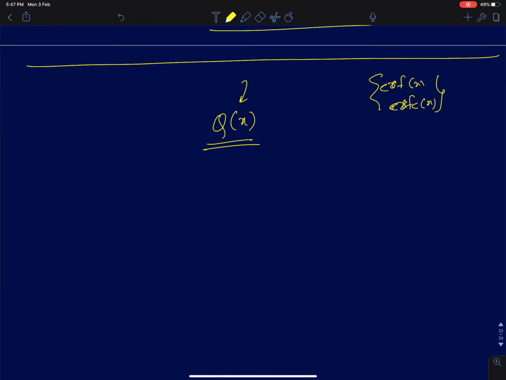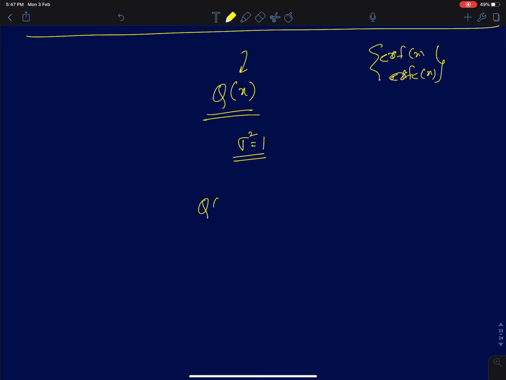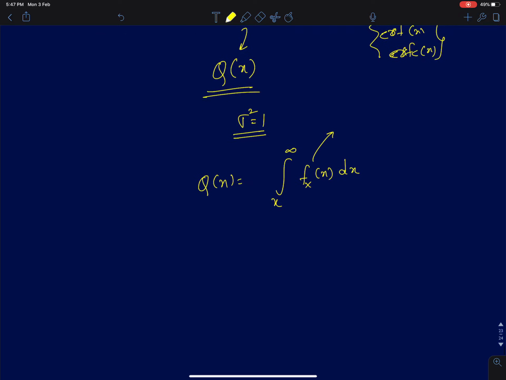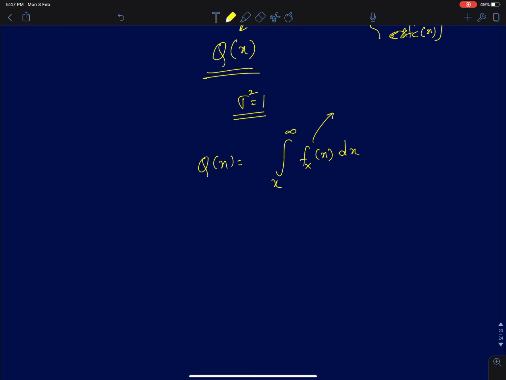Q of x is defined for a Gaussian variable with variance equal to 1, here sigma square equals 1. Its definition is the integral from x to infinity of fx of x dx, where fx of x is a normal distribution. A Gaussian distribution can have any mean and any variance sigma square.